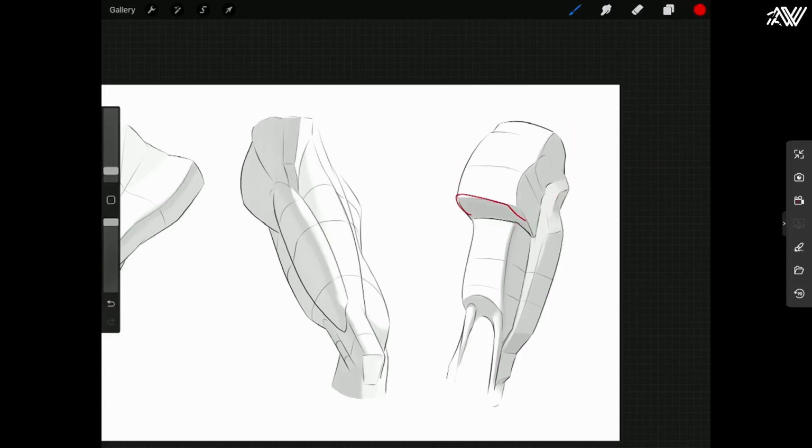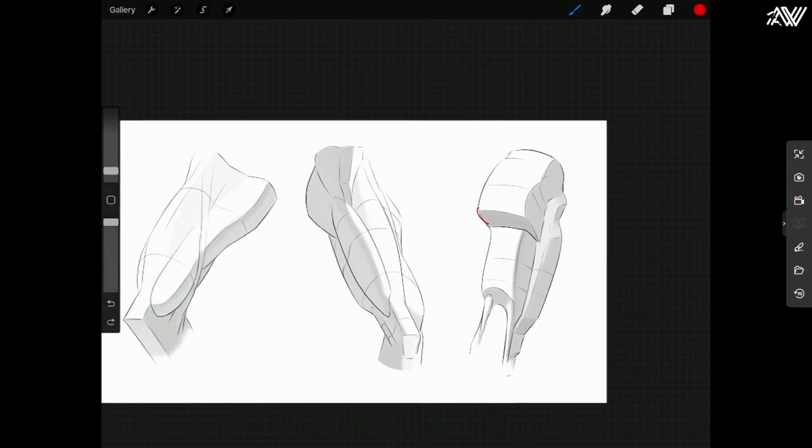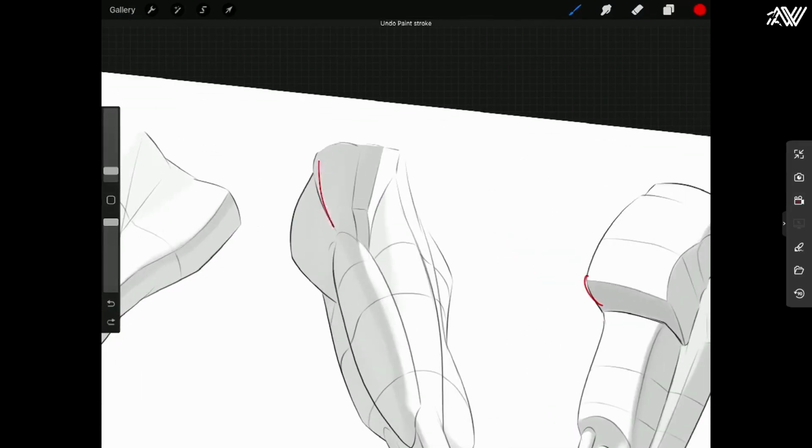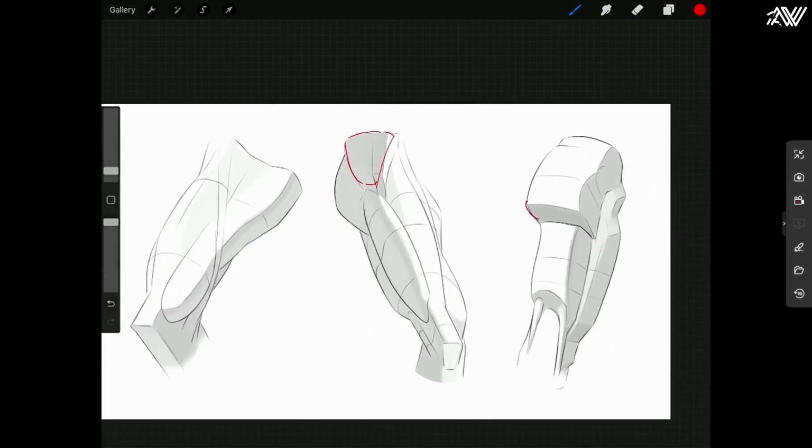The glute medius and the tensor fasciae latae could be grouped into one simple triangular shape, which you will usually see in the Michael Hampton books as well, and I believe Bridgman does this as well. This triangular shape wedges in between the glutes and the anterior part of the muscles.